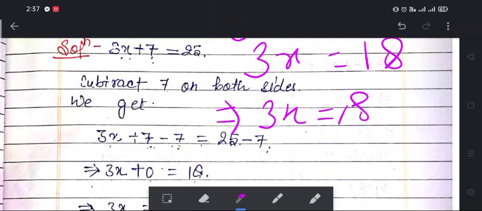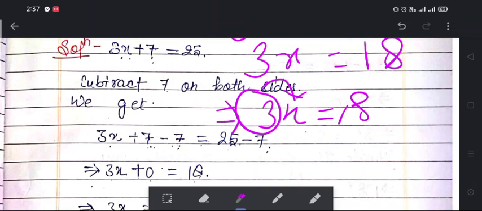Now again we can see that 3 is multiplied with x. So in order to separate 3 from x, we have to divide both sides by 3.